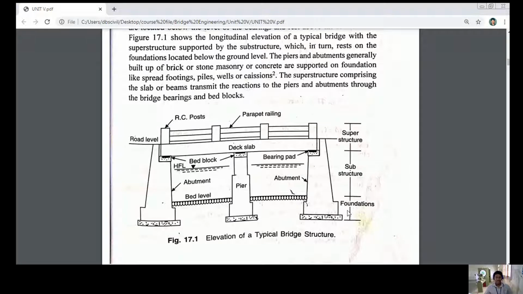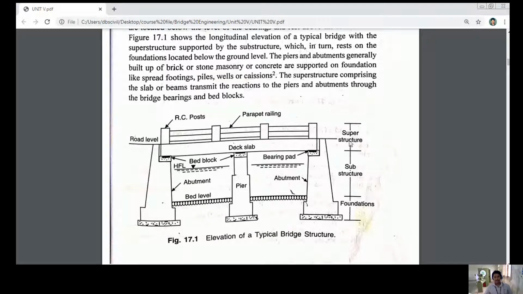Next, from the ground level to the level below the deck slab is the substructure, and above the substructure, from the deck slab to the top level, is the superstructure.